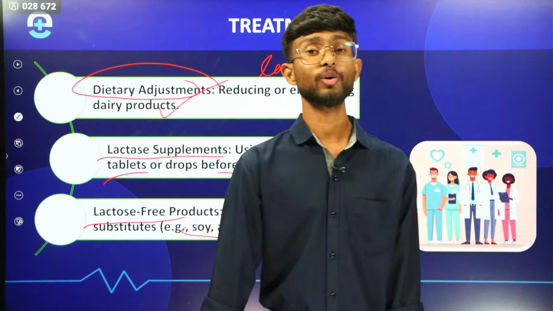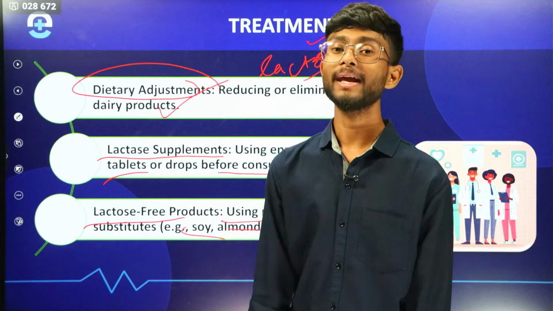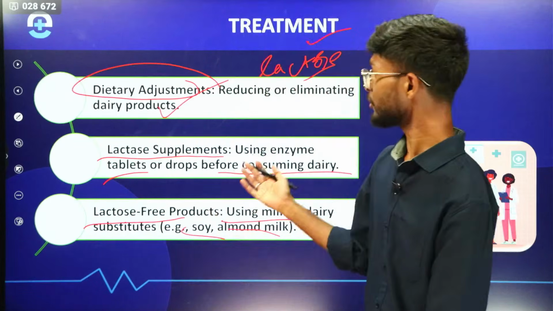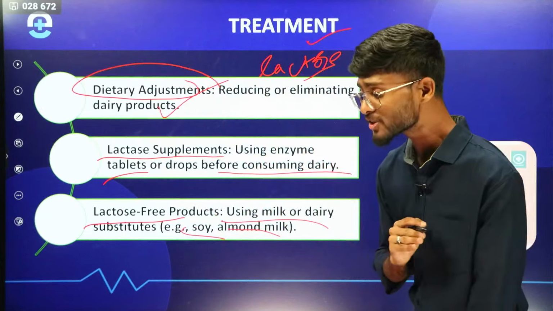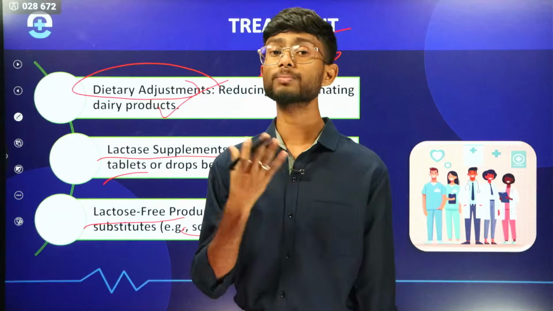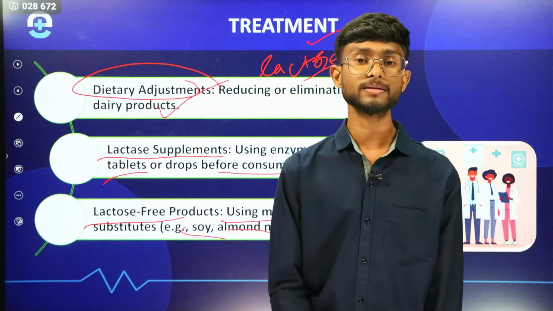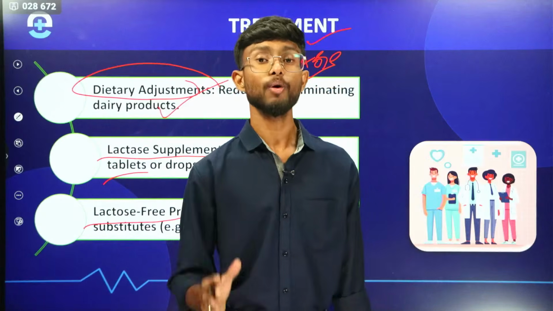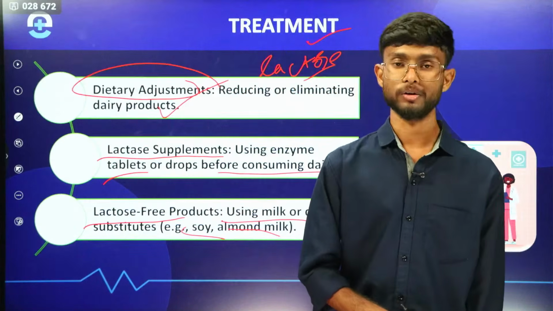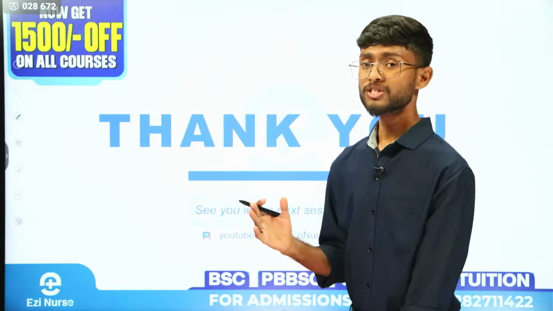By this you can know why enzymes are very important. Understood? If the enzymes are not produced properly, that may lead to various disorders and also malabsorption. This is about the enzymes chapter.